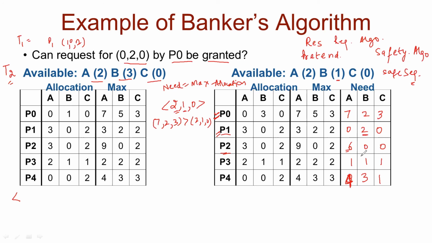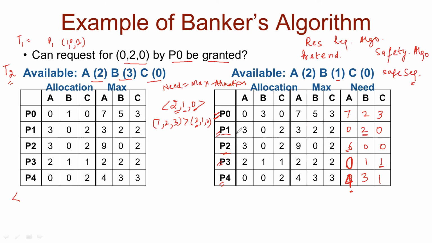P3 needs 1 instance of C and currently we have 0 instances of C. So P3 also has to wait. And for P4, the need is 4 instances of A and currently we have just 2 instances of A.